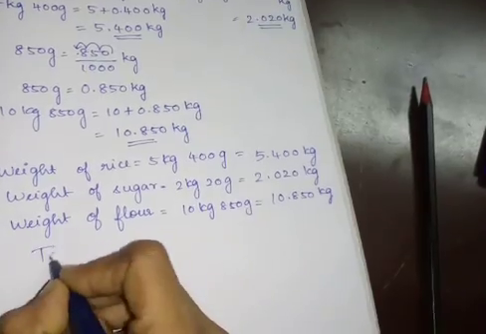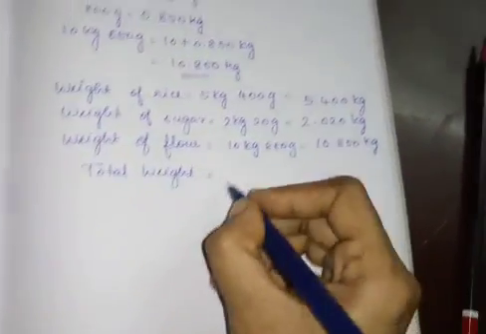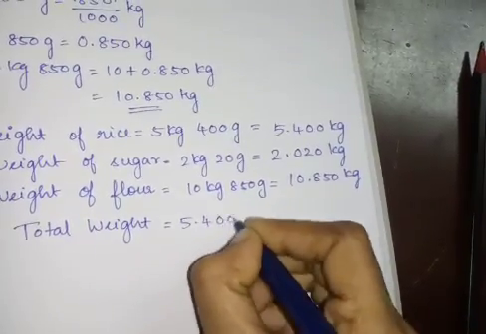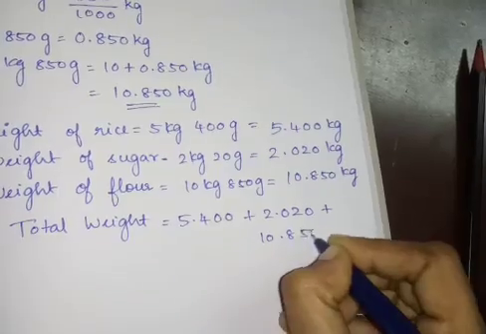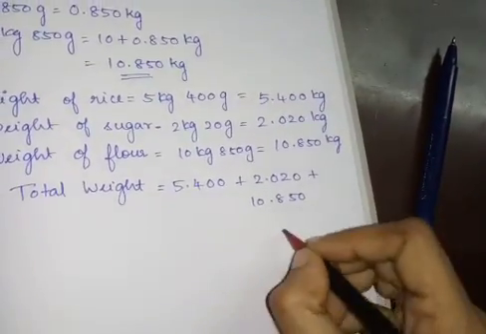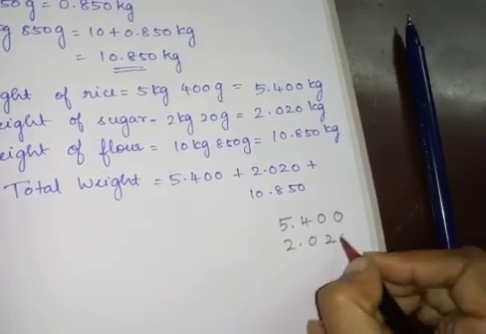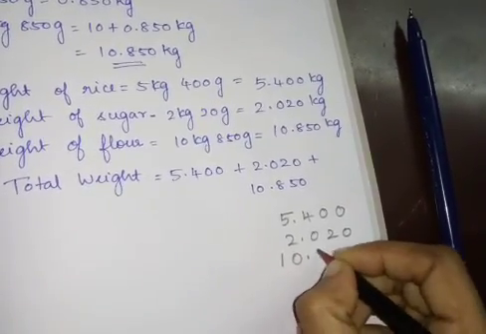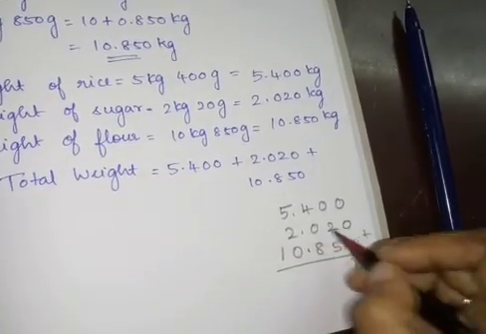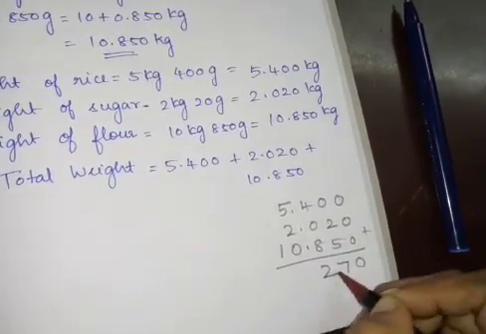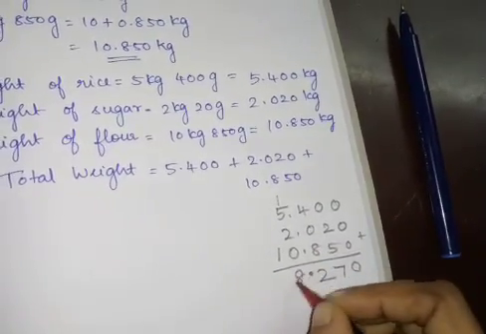So what is your total weight, children? Total weight is equal to, you should add all the three, correct? 5.400 plus 2.020 plus 10.850. Just add all the things, children. 5.400, 2.020, next 10.850, adding 0 plus 0 plus 0, 0, 7, 12, remainder 1, keep the decimal point, 81.